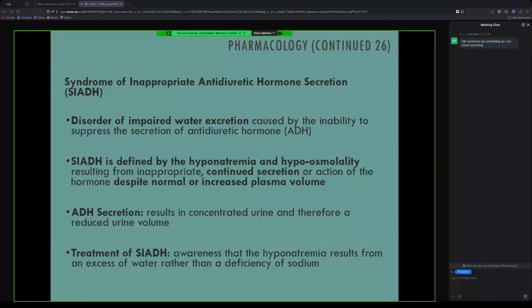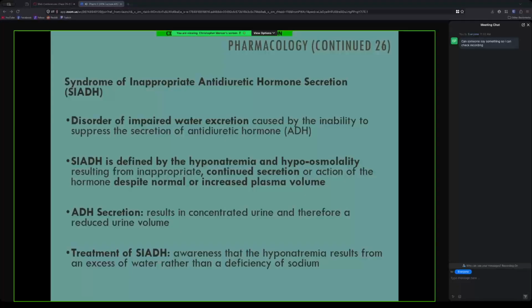So now we're going to talk about the opposite problem. We're going to flip over to ADH excess, known as the syndrome of inappropriate antidiuretic hormone secretion. It's a mouthful. So SIADH. As the name implies, there is impaired water excretion from ADH secretion that continues despite the body having normal or even increased plasma volume, i.e., ADH is being released inappropriately.